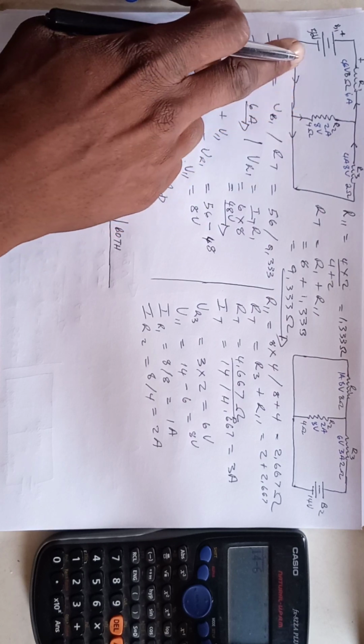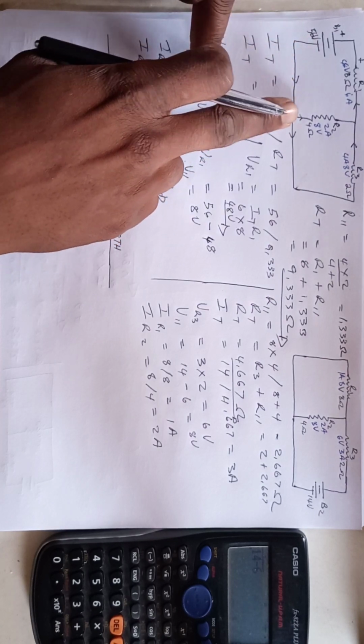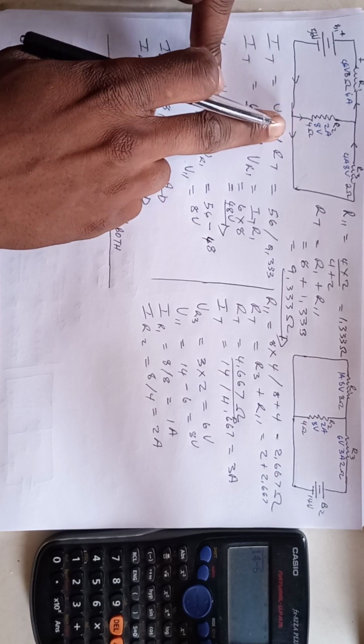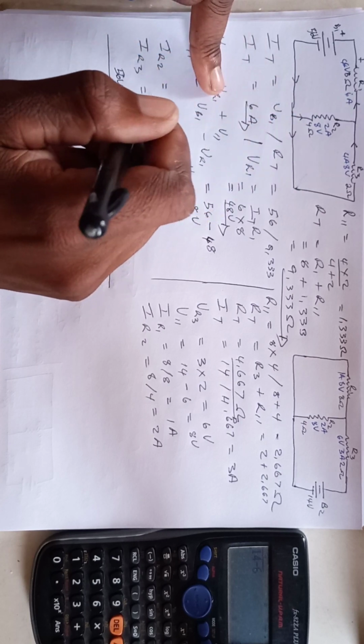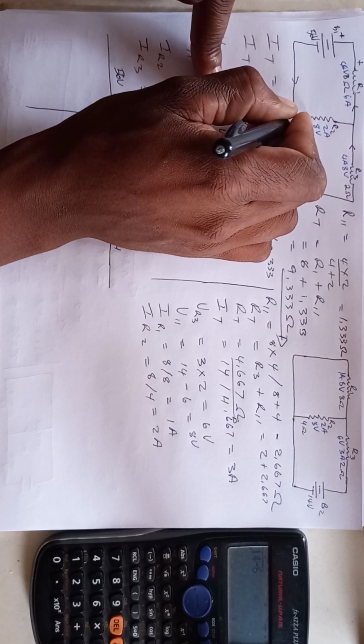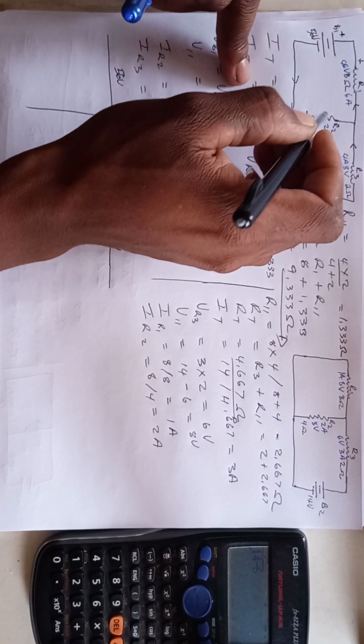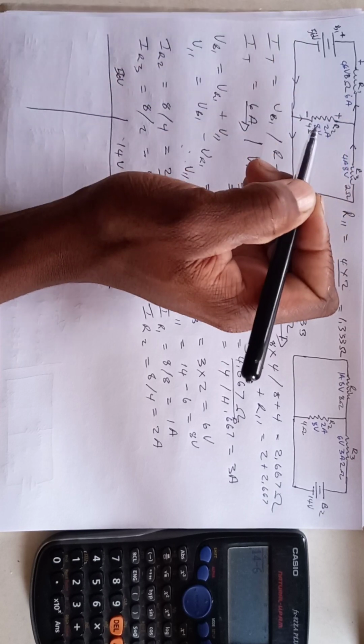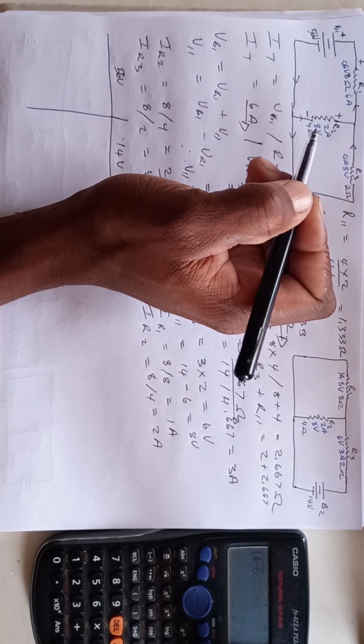When our electrons flow from this direction and then they got there, what happens is this one becomes negative and that side becomes positive.